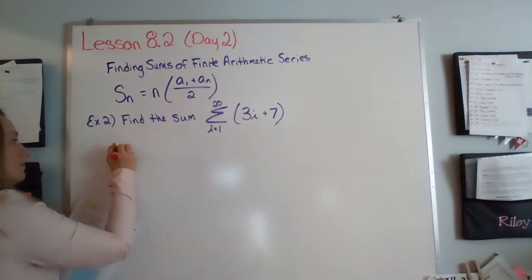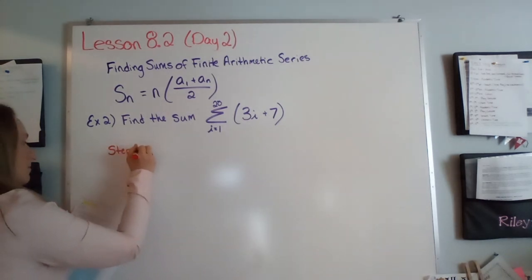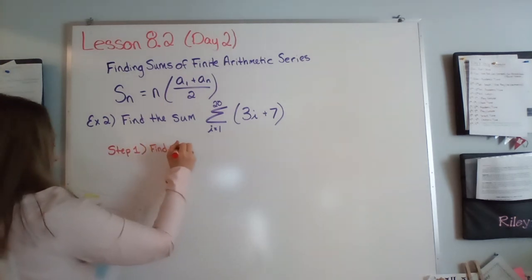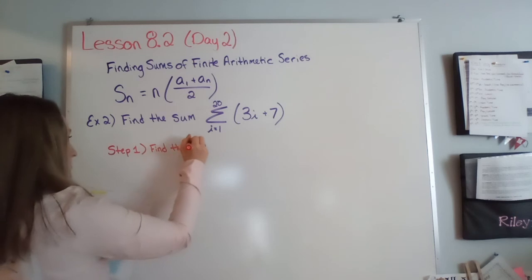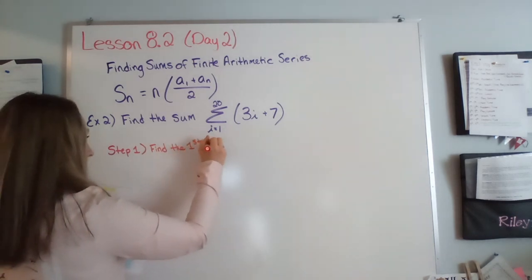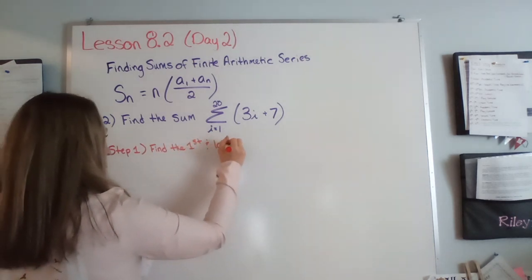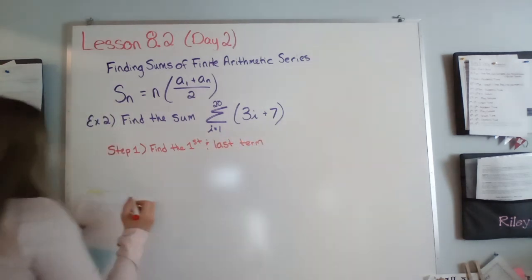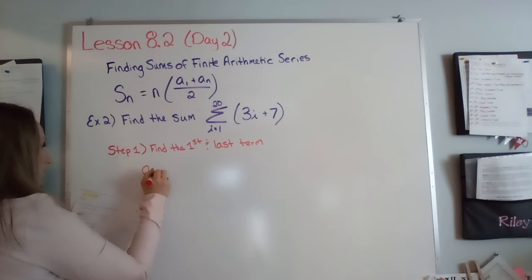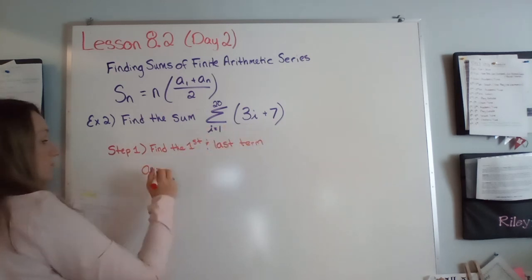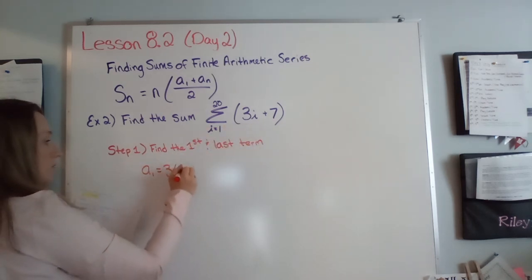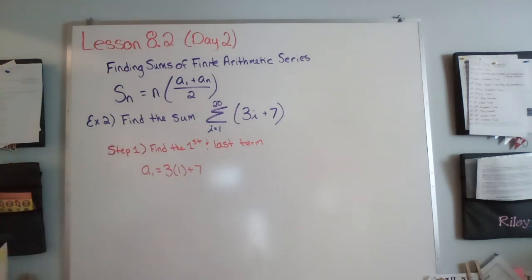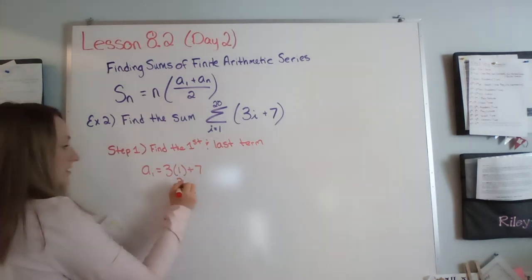Okay, so we're going to list the steps. Step 1: you're going to find the first and last term. So you're going to find a sub 1 using this rule, 3 times 1 plus 7. 3 times 1 is 3, plus 7 is 10.